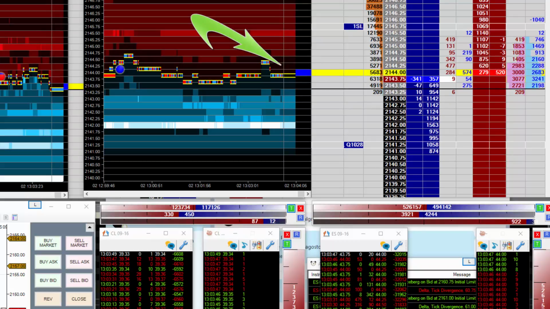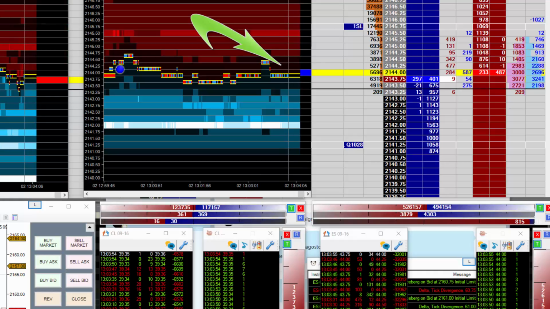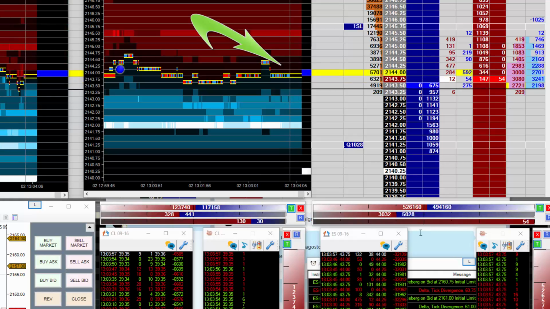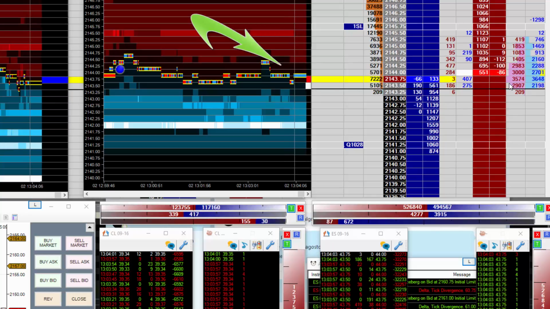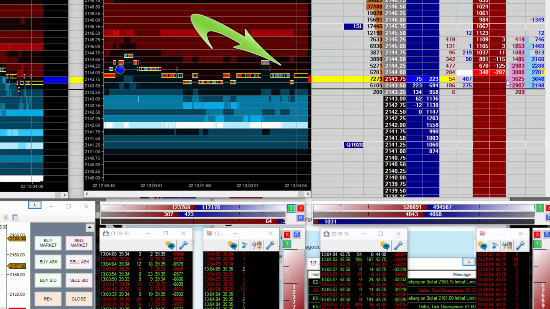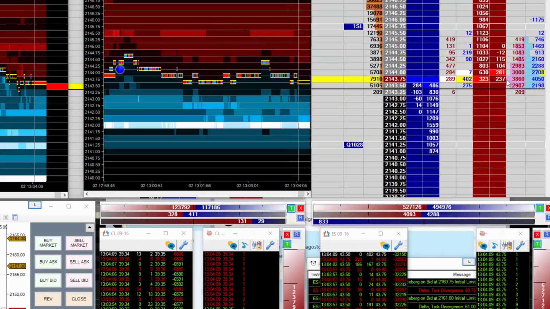So I'm thinking that the stop loss is secure, and that 2144.5, it's secure. So I'm not worried. Right here you see bullish divergence. However, I get another sound that says bullish divergence.